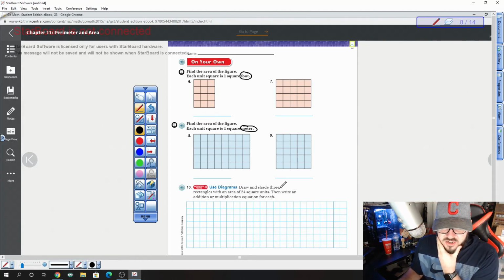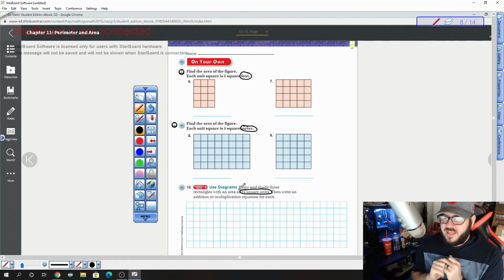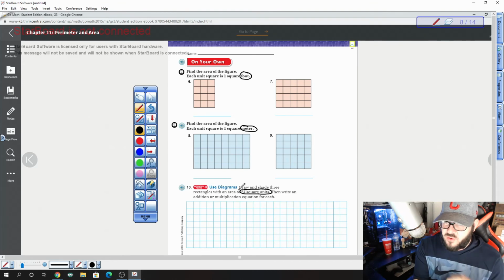All right, number 10, let's just go over it real quick. Draw and shade 3 rectangles with an area of 24 square units. Then write an addition or multiplication equation for each. So, I'm going to do one of those for you to give you an idea of what I'm looking for here. So I know it has to be 24 square units. So the first thing I might think about is what 2 numbers do I multiply to get 24?